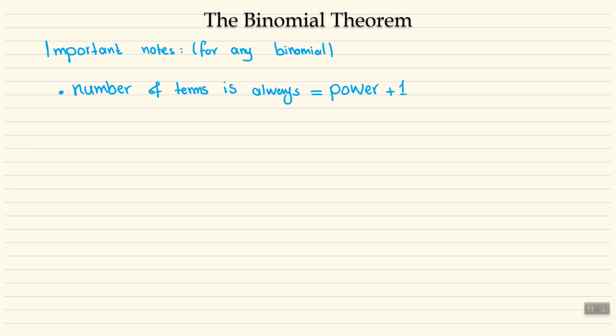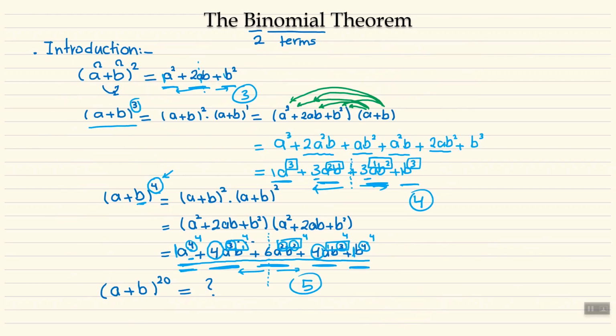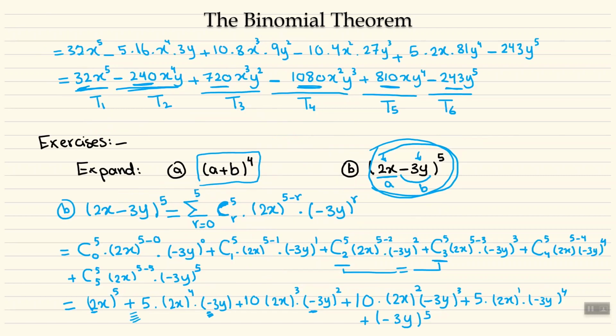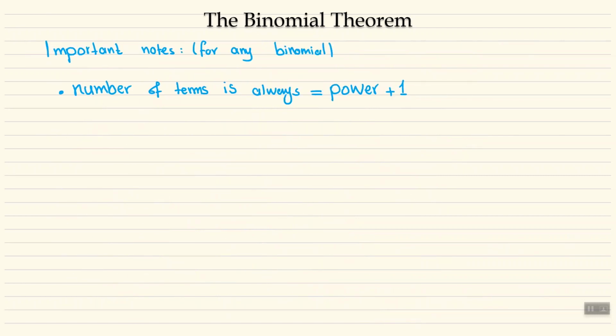So if you're trying to expand something like this to the power of 20, you have to know that you will get 21 terms. It's going to be a long answer. Because the number of terms is always the power plus 1. Okay? That's the first important note that we need to know.